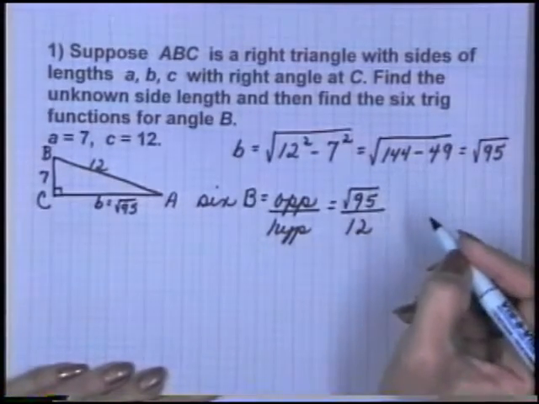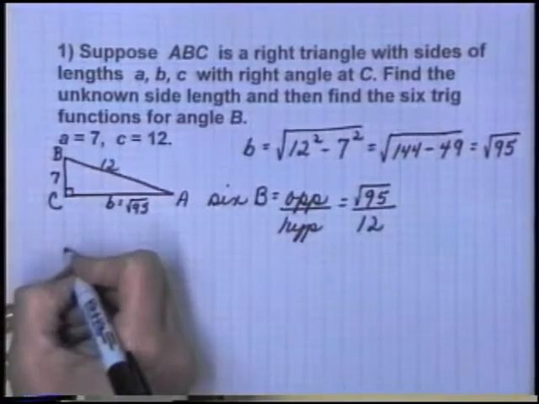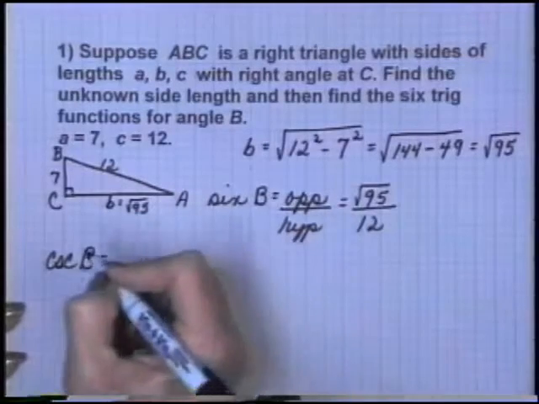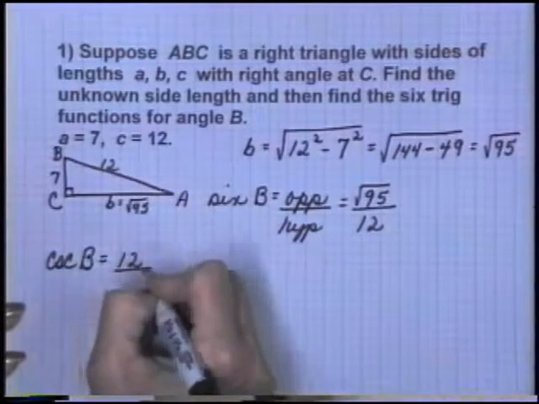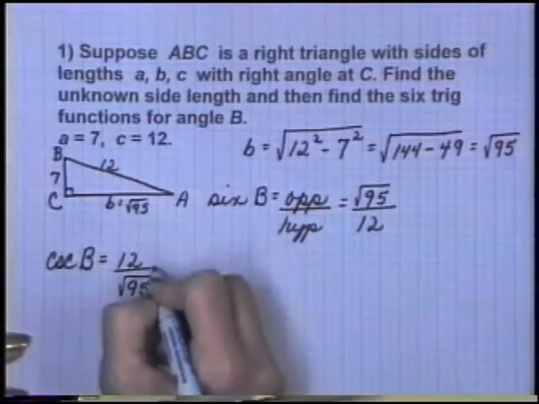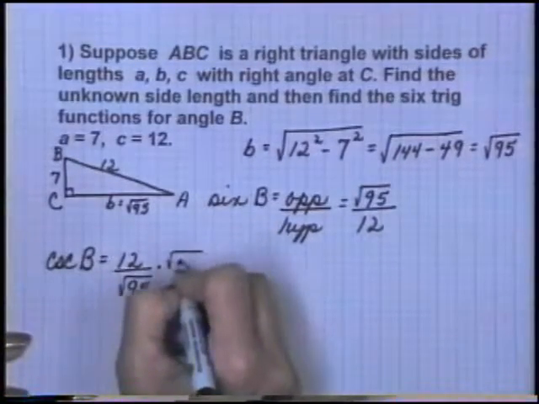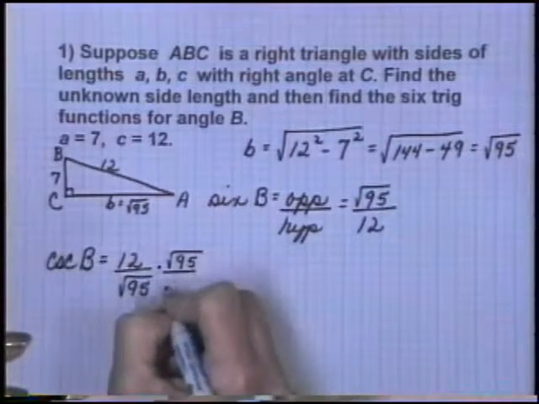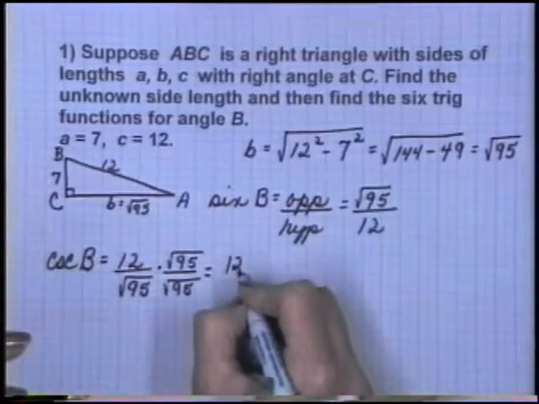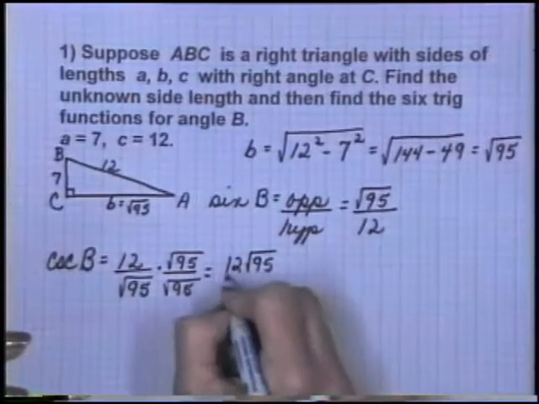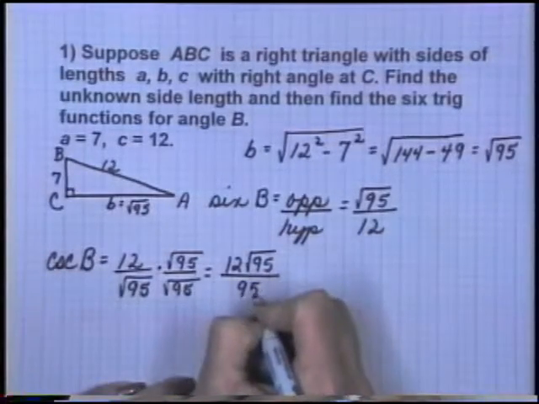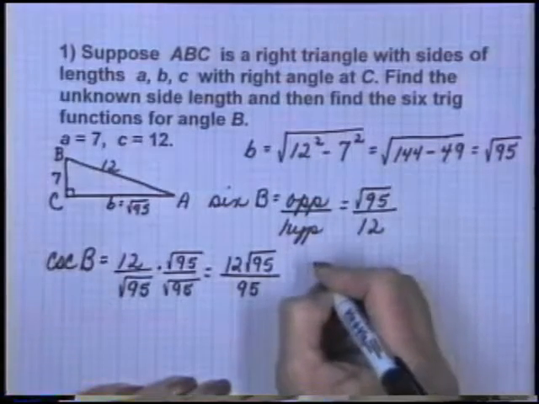I'm going to go ahead and find the cosecant of angle B, which I know is the reciprocal of the sine, so that would be 12 divided by the square root of 95. Of course, I have to rationalize that. I can't leave that radical in the denominator. So let's multiply by the square root of 95 over the square root of 95, which would be 12 times the square root of 95 divided by, and of course in the denominator I get 95.